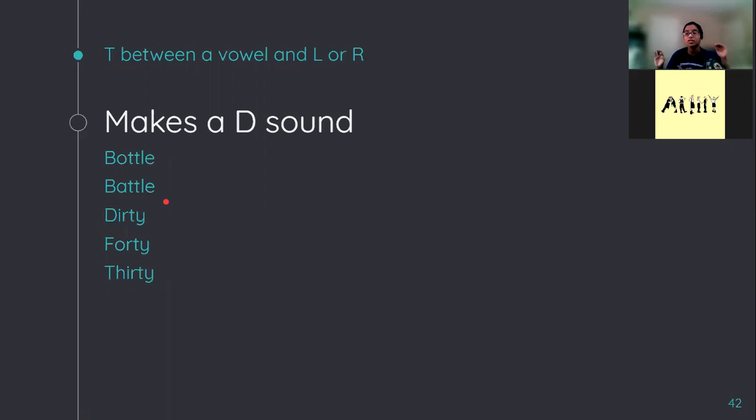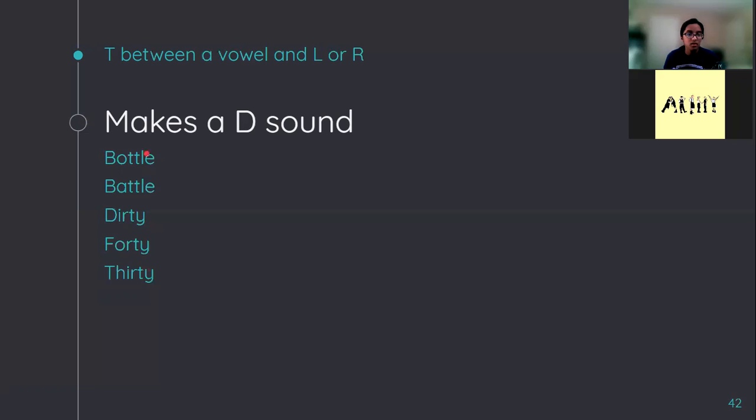Next one is also continuing the D, but this time when T is around an L or an R, it's going to also make that D sound, like when we talked about vowels. So for example, the word bottle.